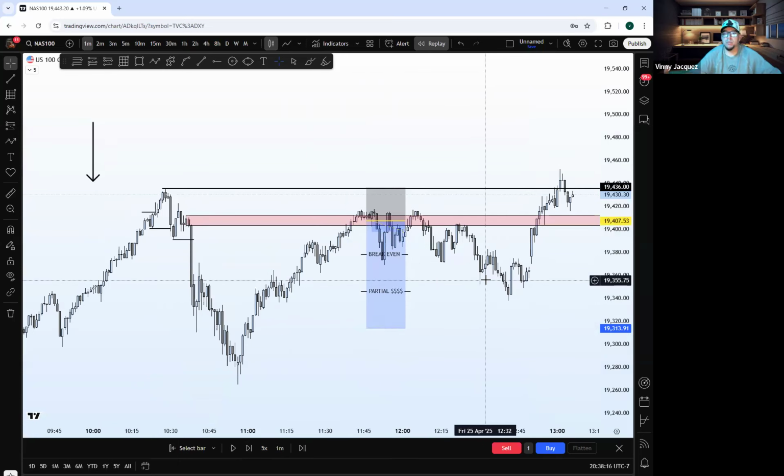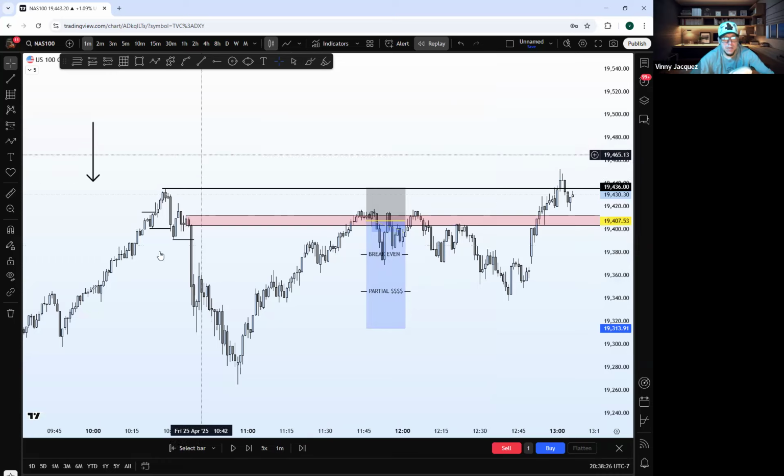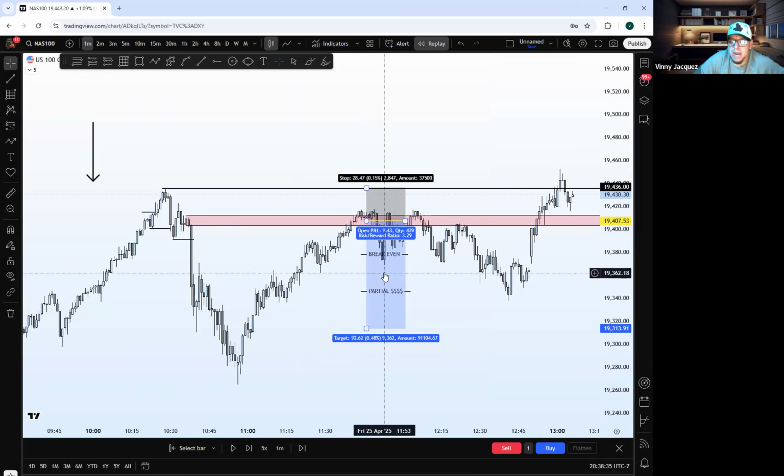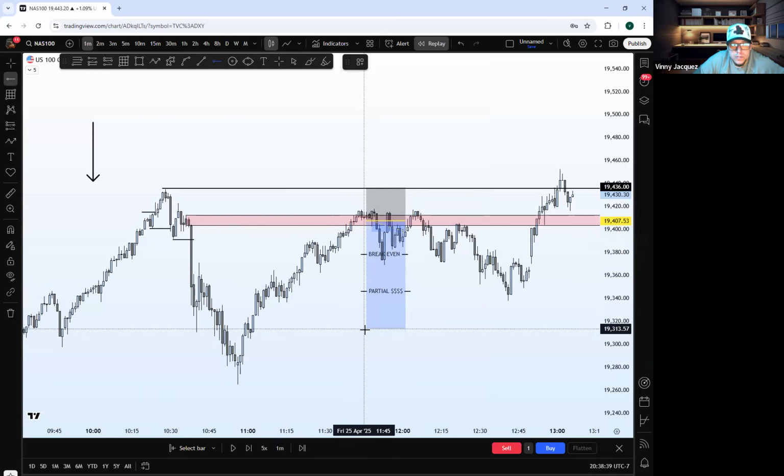So instead of being up in profit, right? This is something that we have to practice, guys, because not every trade we take is the one. We can be expecting certain things, and the market may even give us the things we need to see, an entry, a break even, and a partial. It might give us everything, but what if it doesn't hit our 1 to 3?